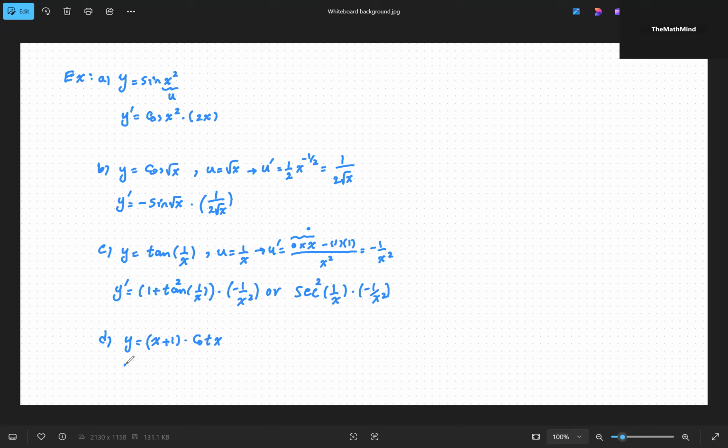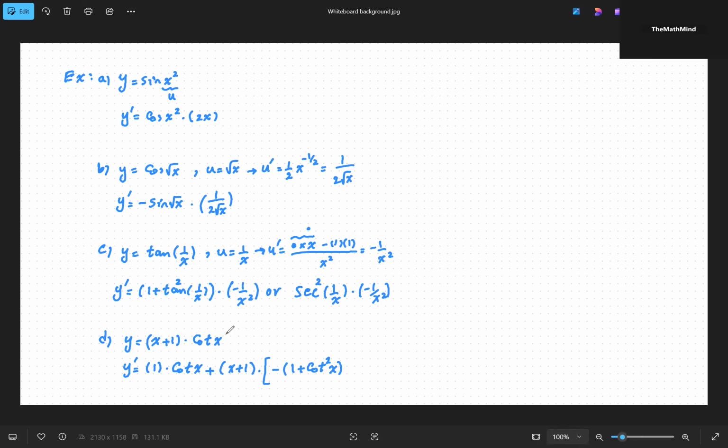So now y prime will be the derivative of the first function, which is 1, multiplied by the second function, and then plus the first function times the derivative of the second function. And we use the formula for cotan, which is negative times 1 plus cotan squared x.